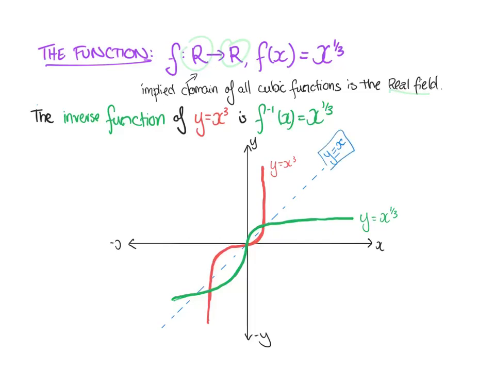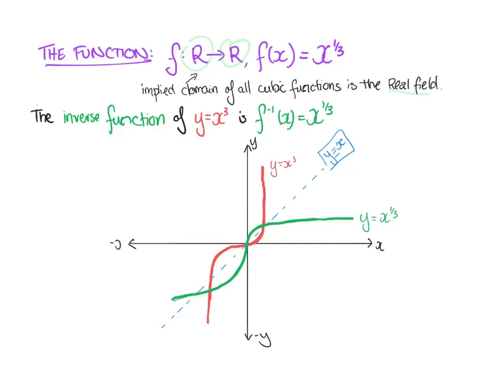So here in the red is a basic cubic graph, and here in the green is the inverse function. So if you have a graph to the power of a third, so that's the leading term or the degree of the polynomial is a third, this is the type of graph it'll reflect. It'll look like that. So just to remember your basic shapes.